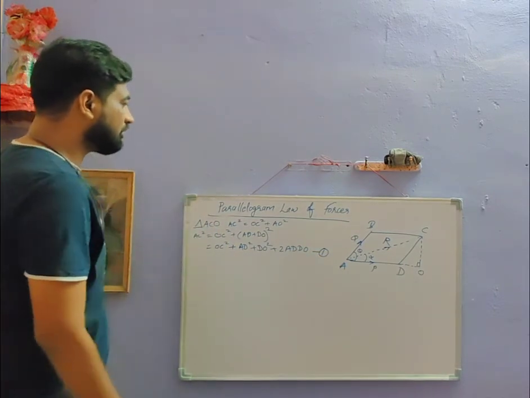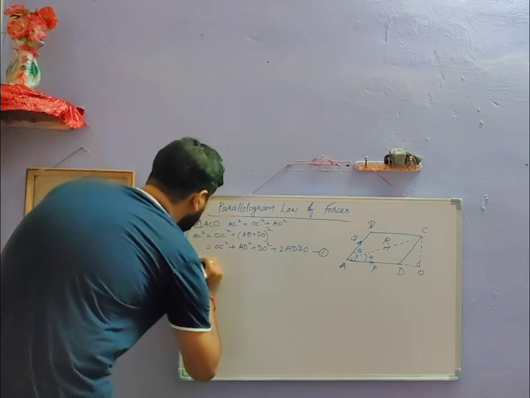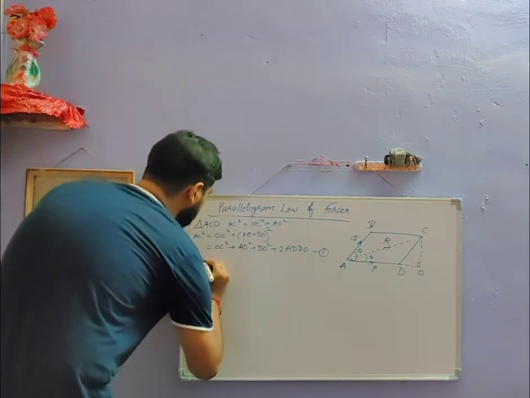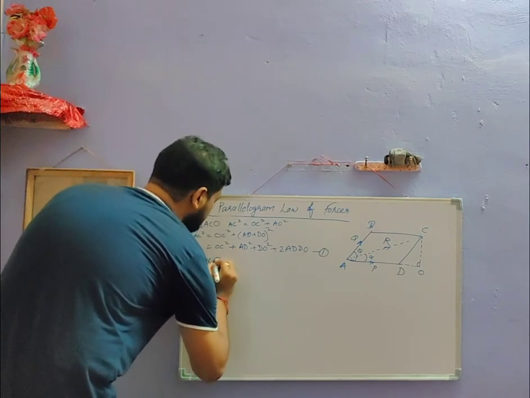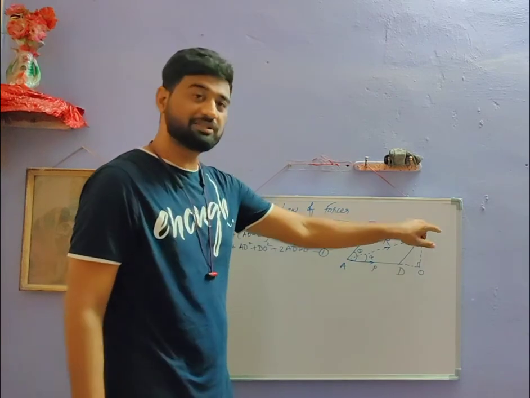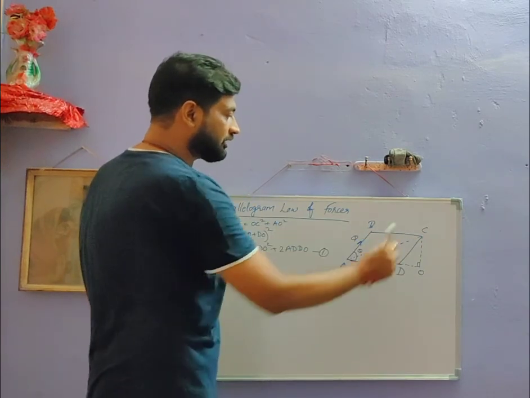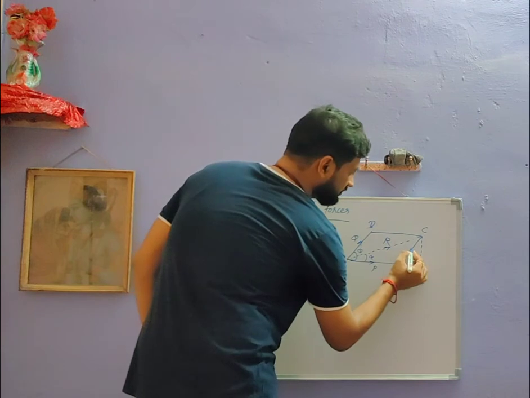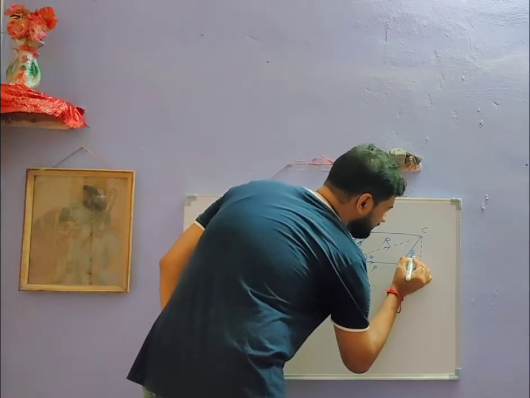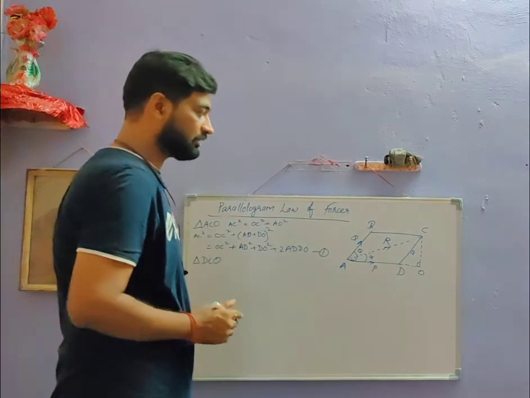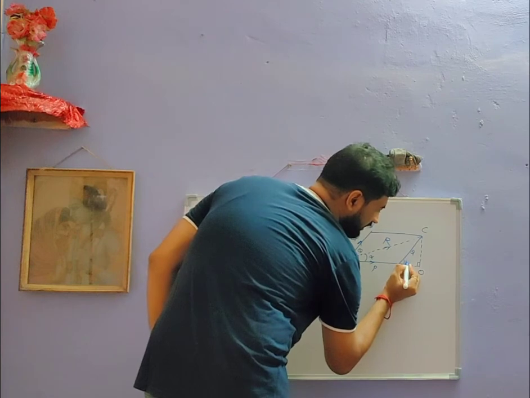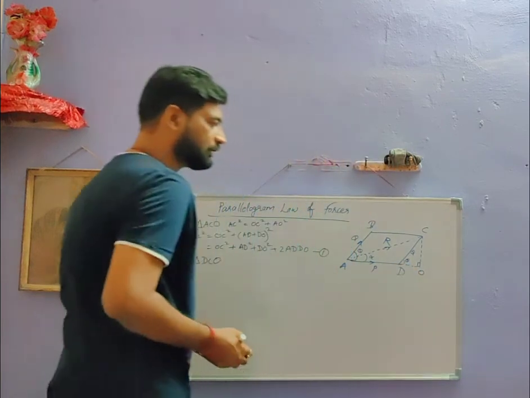Now consider triangle DCO. AD is parallel to BC and their magnitude also will be same. So CD is also represented by Q. This angle is theta, that means this angle also will be theta.